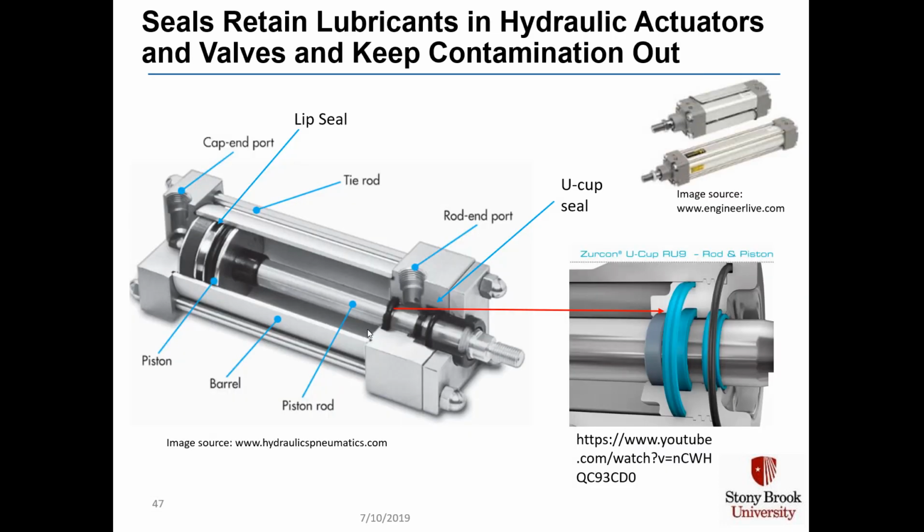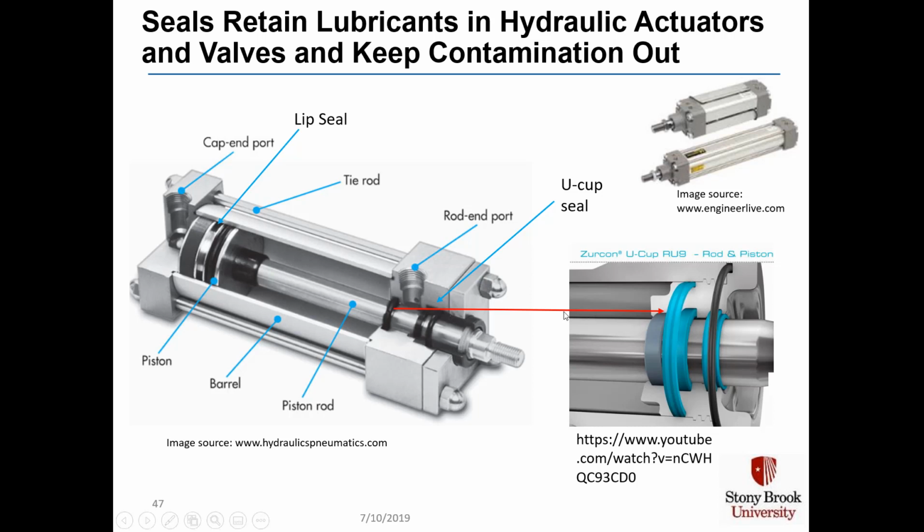Seals retain lubricants in hydraulic actuators and valves and keep contamination out. So when you have a hydraulic cylinder where the piston is moving in and out of a cylinder that has oil in it, you have to make sure when the cylinder moves in and out that the oil doesn't leak.